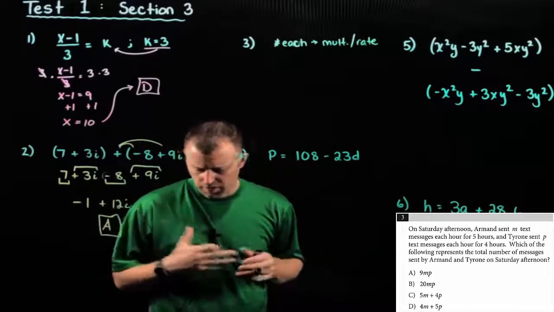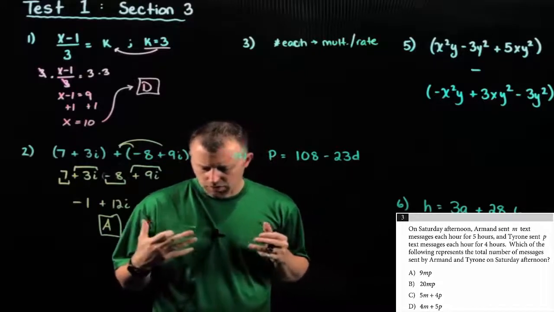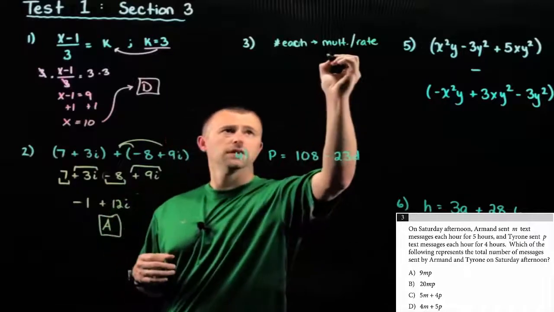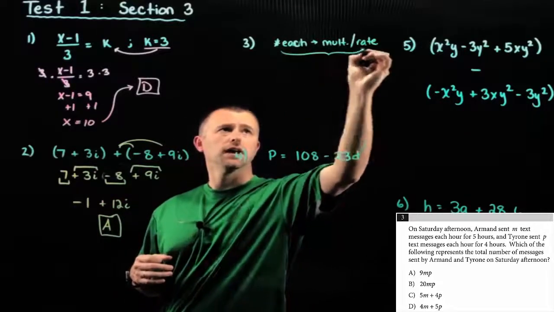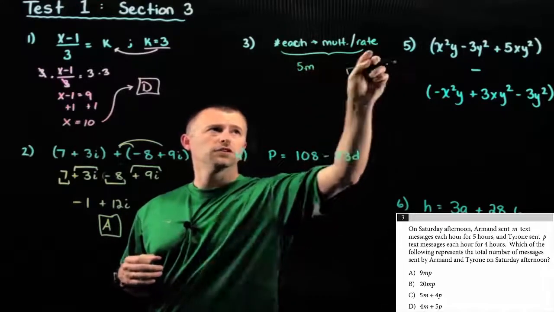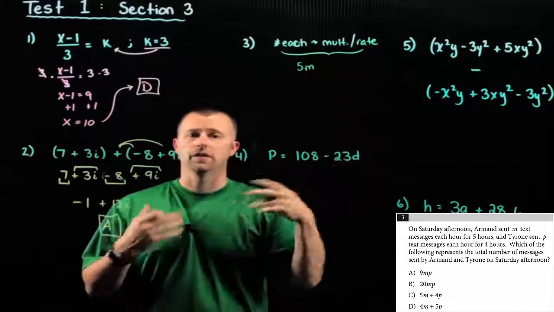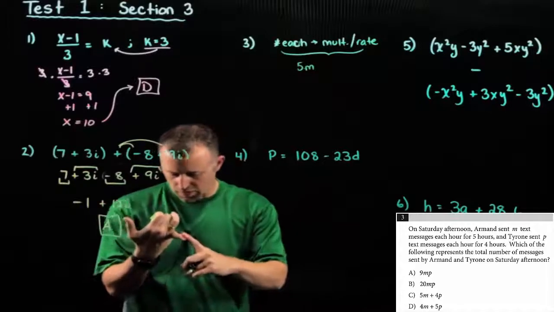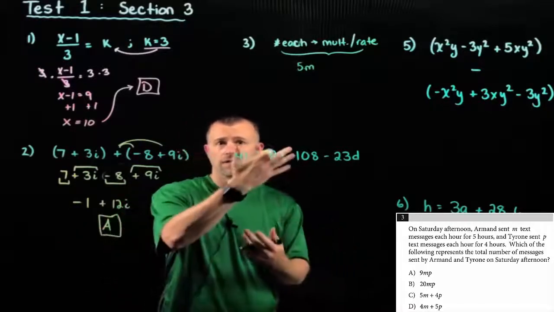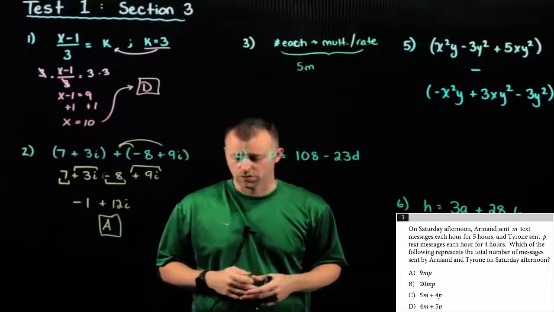So that's telling me that I'm going to have a rate of 5. So this is telling me at this point that I have somewhere a 5M. Each hour tells me I'm multiplying, and they're telling me we have M for the text messages and 5 for the hours. So to figure out how many he sent, 5 times M would give you that total.